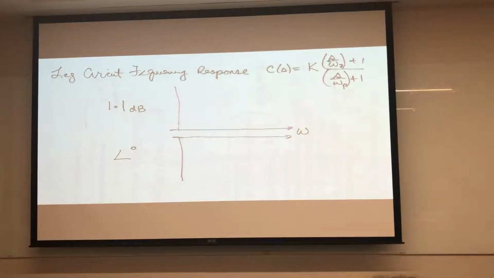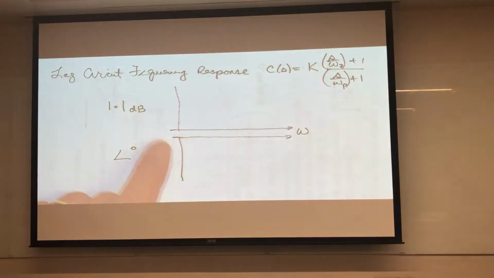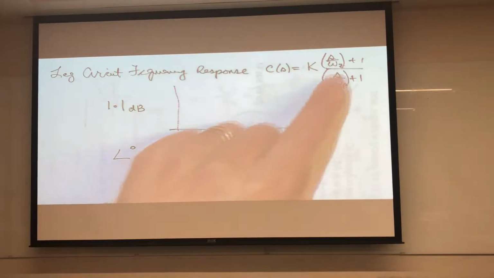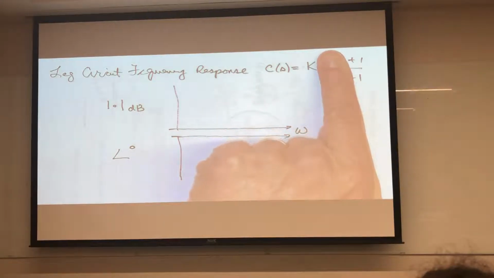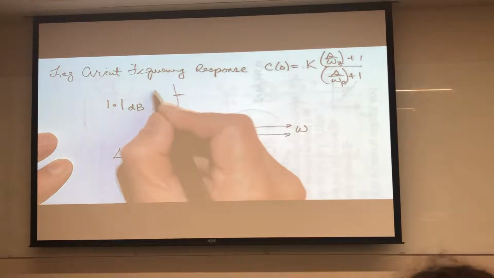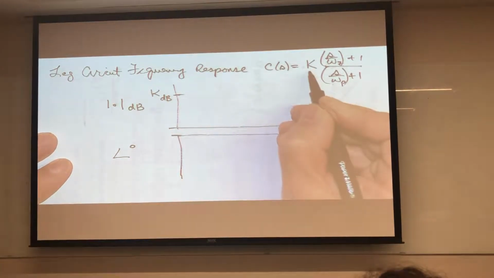Now, the phase lag compensator has this characteristic. When omega is very small, way over here, that means S is small. Let's suppose S is really small. Then the gain is K. Okay, so that means the Bode gain is K. And so at low frequency, the gain here is going to be K, but we have to express it in dB. So we have K here.